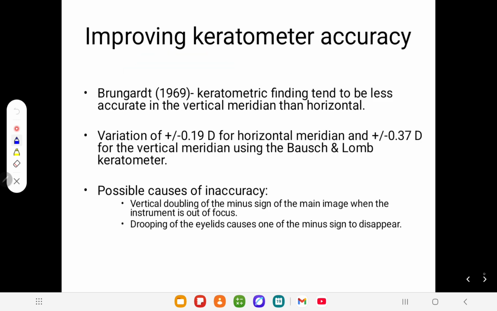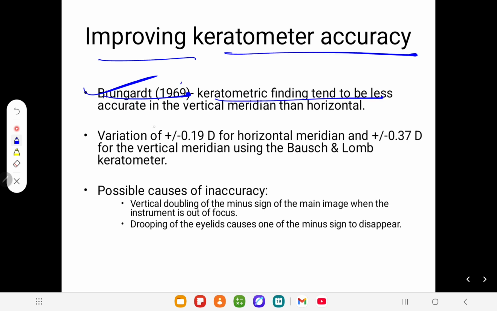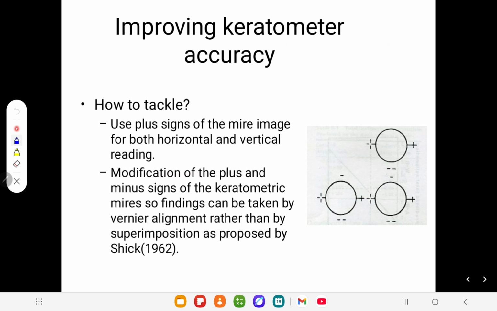Okay, so improving keratometric accuracy: this scientist said keratometric findings tend to be less accurate in the vertical meridian than the horizontal meridian, with a variation of 0.19 diopter in the horizontal meridian and 0.38 diopter in the vertical meridian using Bausch keratometry. Possible causes of inaccuracy are vertical doubling of the minus sign of the image when the instrument is out of focus, and drooping of the eyelid, where one of the minus signs disappears, which is why they are more inaccurate.